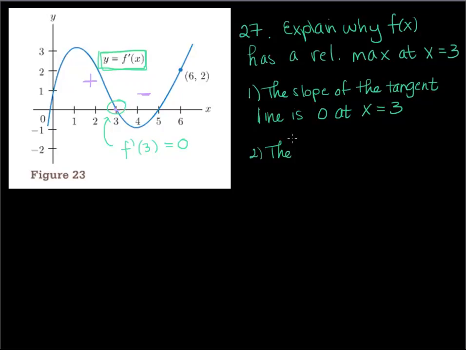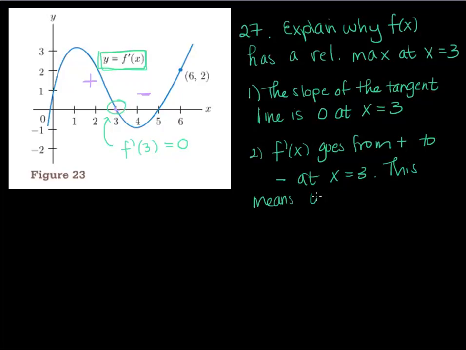The derivative, or let's just say, let's get lazy here, f prime of x goes from positive to negative at x equals 3. This means we have something like this. So it goes from positive, so what does that mean?